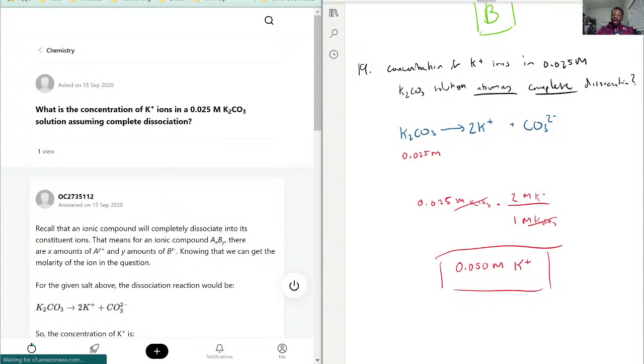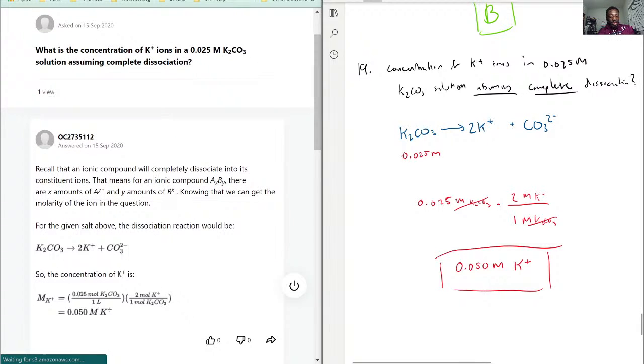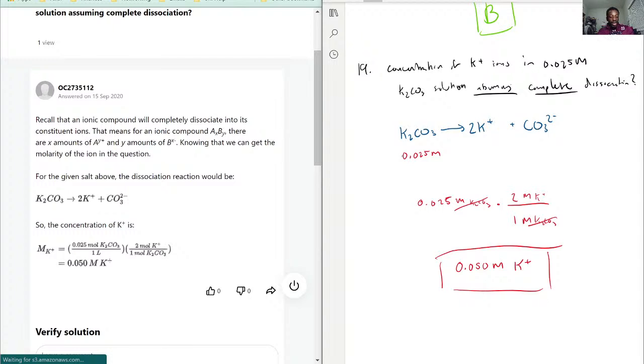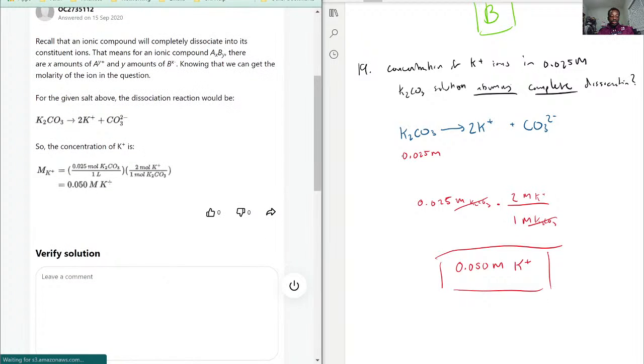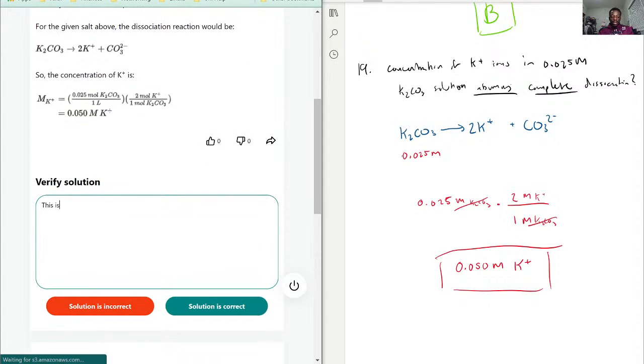This would be the concentration of K plus ions, assuming complete dissociation, the 1:2 ratio that we see in the formula. So as you see here, they did that. They have the 1:2 ratio. That's how they got 0.050 molarity. And this is correct.